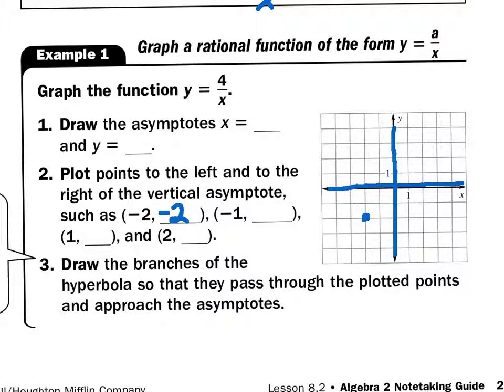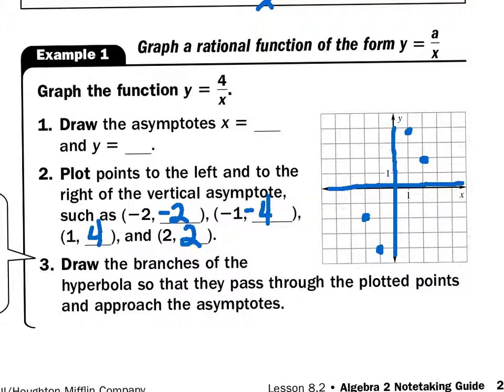If I put -1 in for x, we'll get a -4 out. -1, -4. If I put a +1, I'll get a +4 out. And if I put a 2 in there, I'll get a +2. Okay.